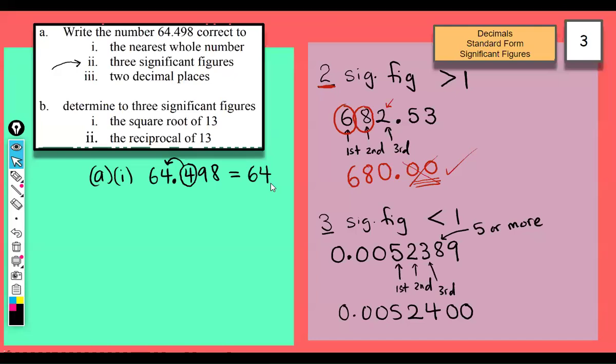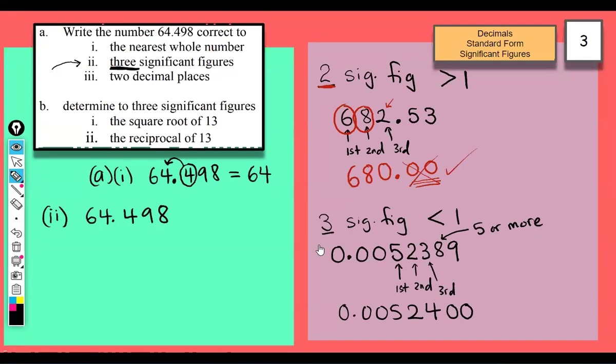The second one is what we just practiced. The significant figure. So we write back the number here, 64.498. They ask us for how many? 3 significant figures. And this number is clearly more than 1.